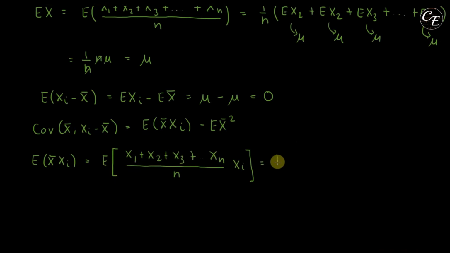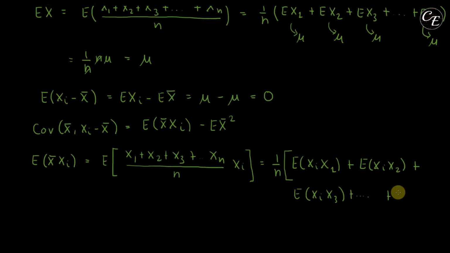So we have 1 over n times expectation of x sub i times x sub 1, plus expectation of x sub i times x sub 2, plus expectation of x sub i times x sub 3, etc., until expectation of x sub i times x sub n.